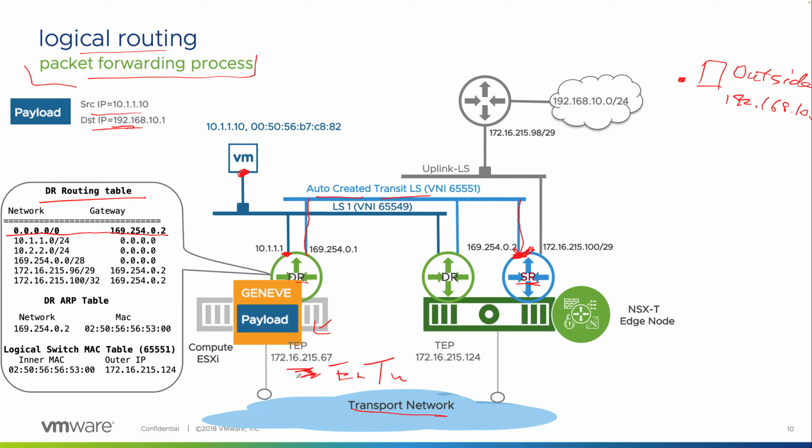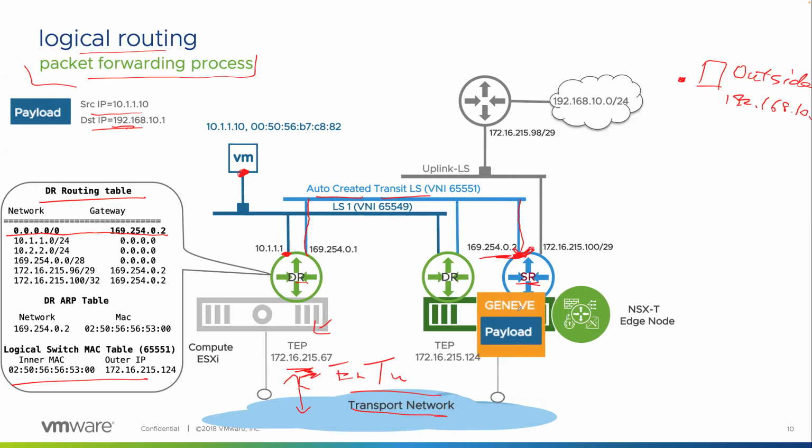That means we have to check the forwarding table to see how to reach 169.254.0.2. So we have to have a Geneve tunnel encapsulation. We send out the Geneve encapsulation to another TN.